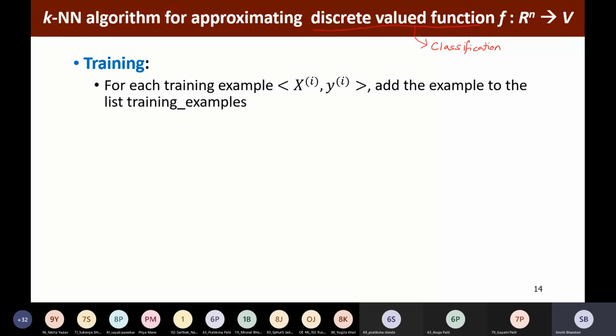What we do in the training phase is, for each training example of the form xi yi, we simply add the example to the list of training examples. So simply in the training phase, we are storing the training examples.